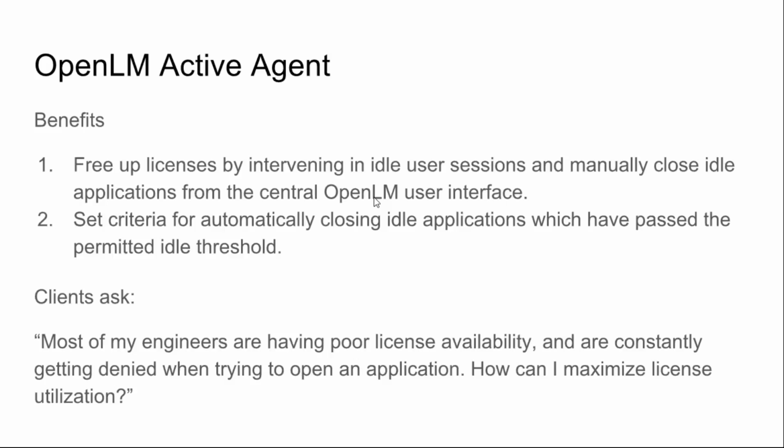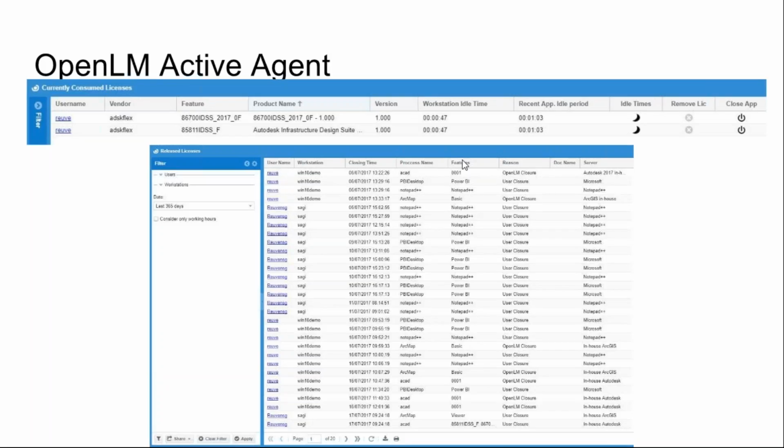So the Active Agent, besides doing the automatic closing or suspending of licenses, also allows you to manually close the licenses. So, for example, if you look here on the top, you see that I have a recent app idle time of 1 minute and workstation even less.